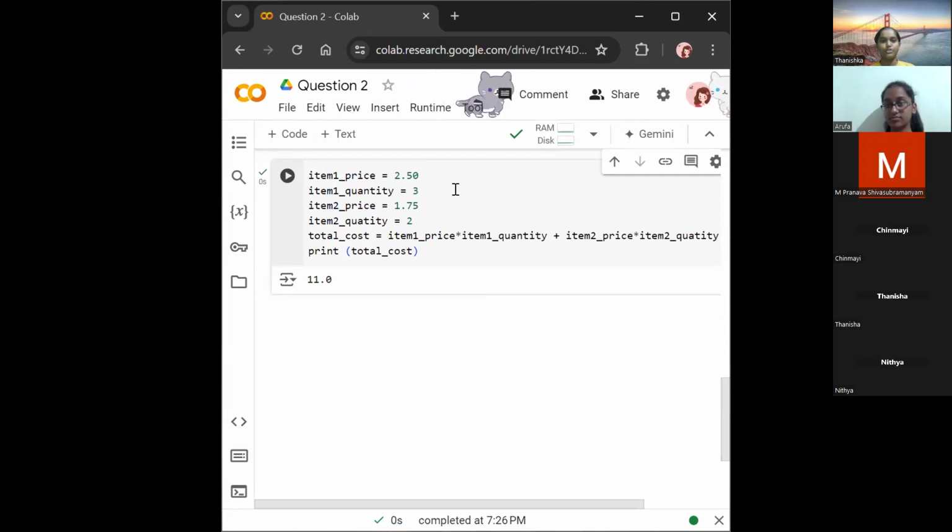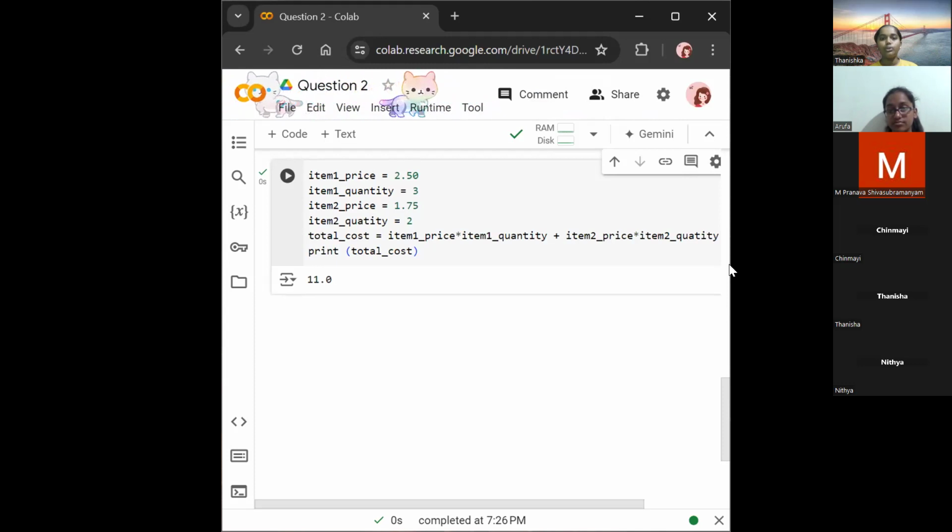That was good. I hope you guys understood what she told. Think you have two chocolates. One chocolate costs 2.5, and another chocolate costs 1.75 rupees. You have many of both, not only one: the first chocolate you have three, and the second one you have two.